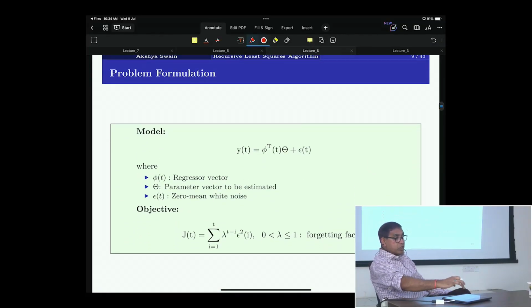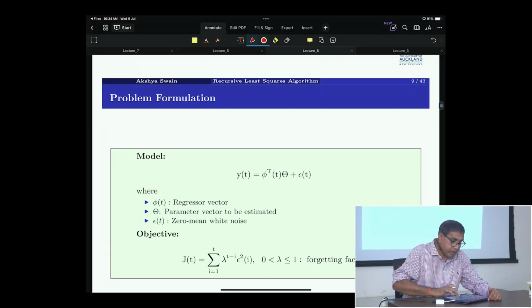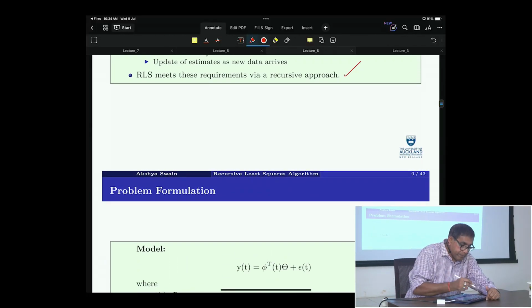Suppose the system equation is yt is equal to phi transpose t theta plus epsilon. You see what I'm doing here?